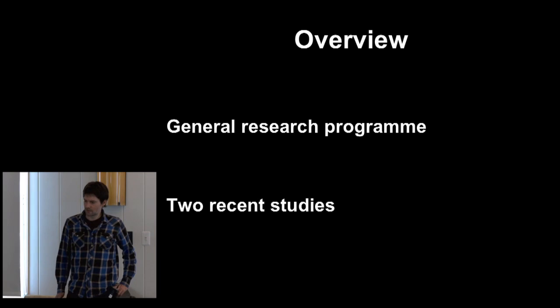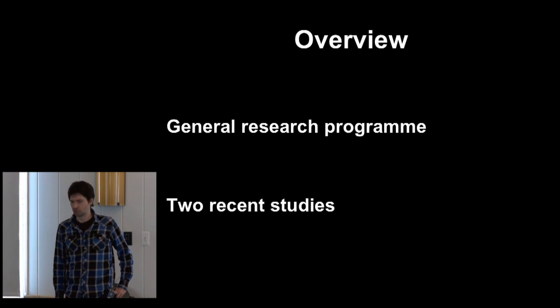Okay, my title is Representational Similarity Analysis of Visual Object Population Codes. I want to do two things today: talk about my general research program and about two recent studies.